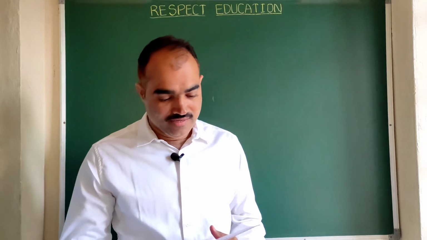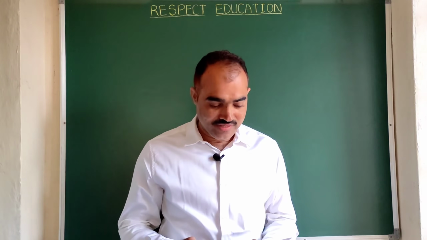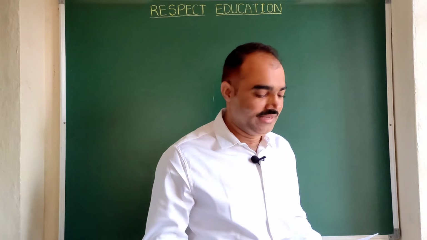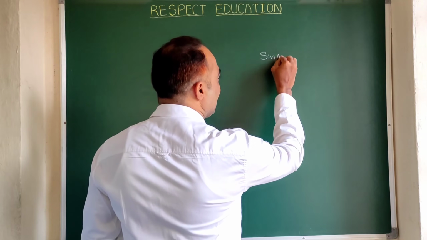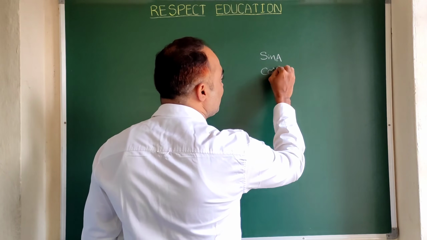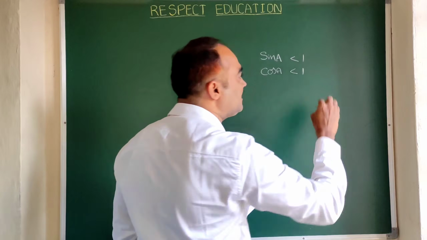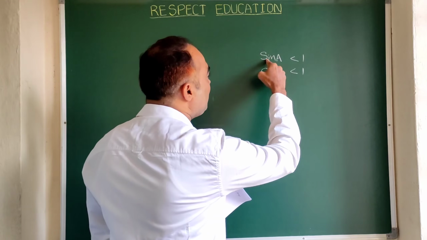Right. The value of sin A and cos A is always less than 1. Why? Here the question is that the values of sin A and cos A are always less than 1. What is the reason? Here you see, what is the formula of sin A?